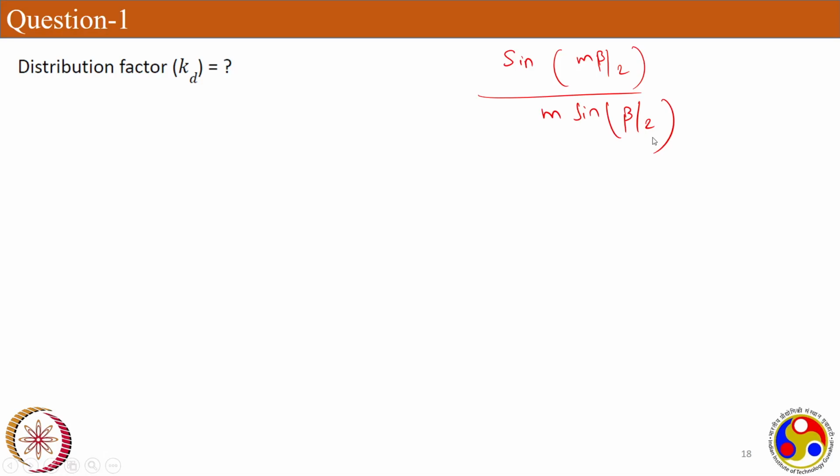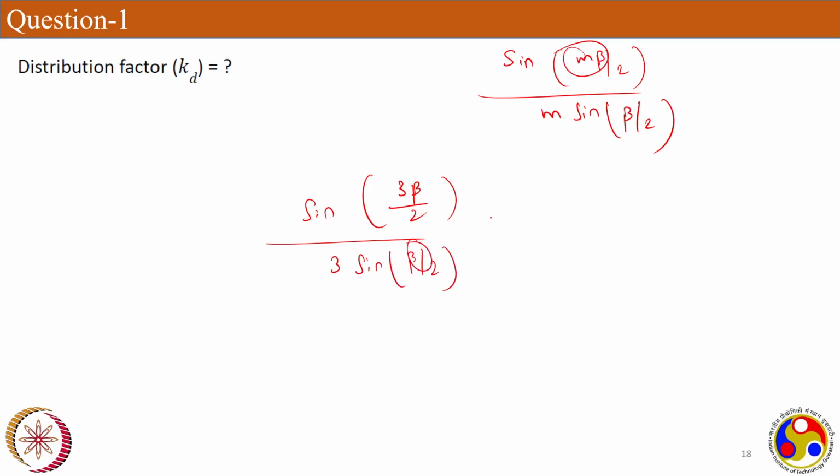It's not the harmonics m. m would always be there, whether it's the fundamental or any harmonic. If it is a harmonic, you will have to make the beta three times. So here we have calculated m is equal to 3 slots per pole per phase: sine 3 beta by 2 divided by 3 sine beta by 2. Beta we already calculated as 20.